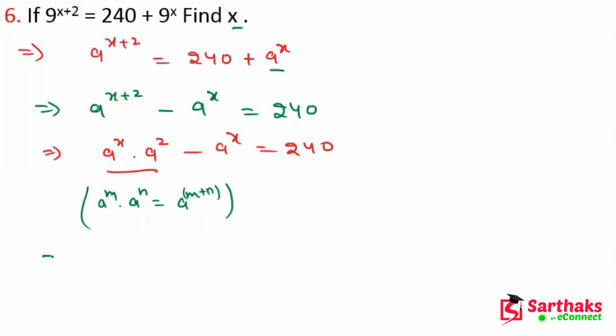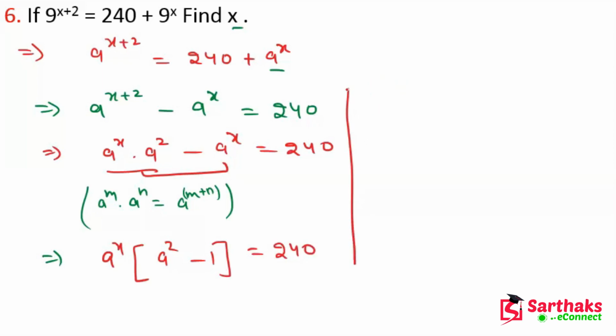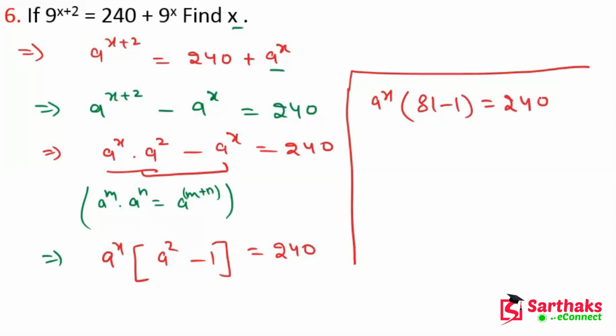Now the next step is that from these two terms we have to take 9 raised to power x as common, so we get 9 raised to power x into 9 raised to power 2 minus 1, which equals 240. So this will become 9 raised to power x into 81 minus 1, which equals 240.